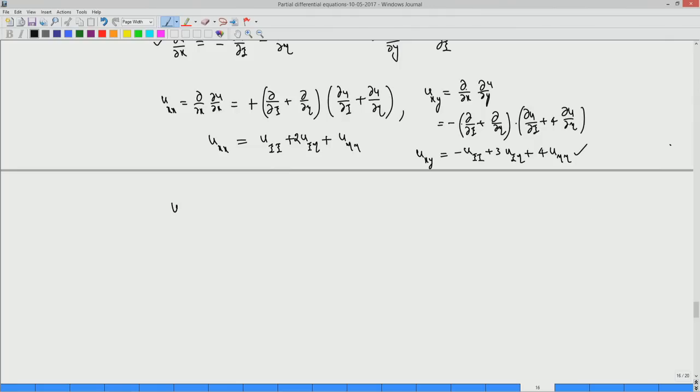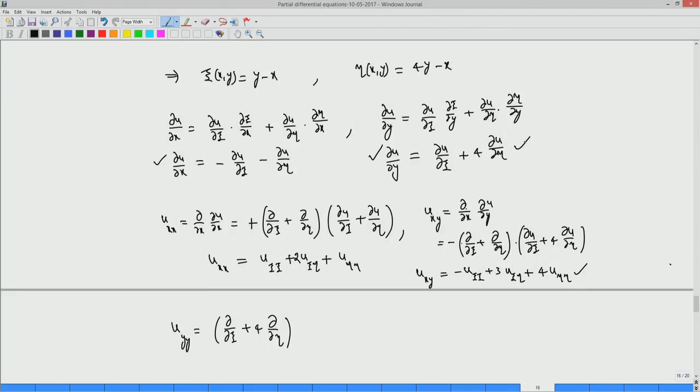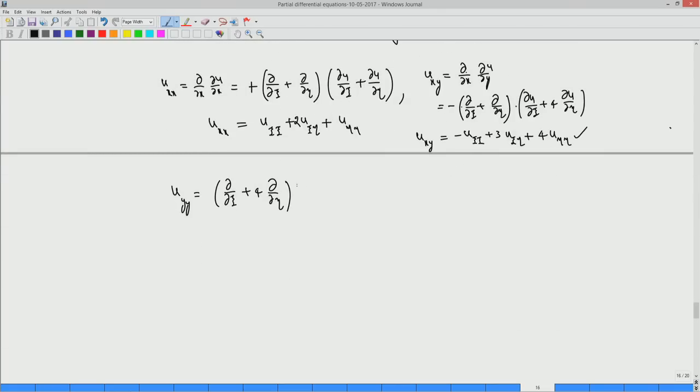In the same way you can get uyy. Uyy is simply ∂ξ plus 4∂η, that is my ∂y from here. And then ∂u/∂y, you write again ∂u/∂ξ plus 4 times ∂u/∂η. So, uyy becomes uξξ, this mixed derivative plus this mixed derivative, this one and this one, together will give me 8 uξη plus 16 uηη.